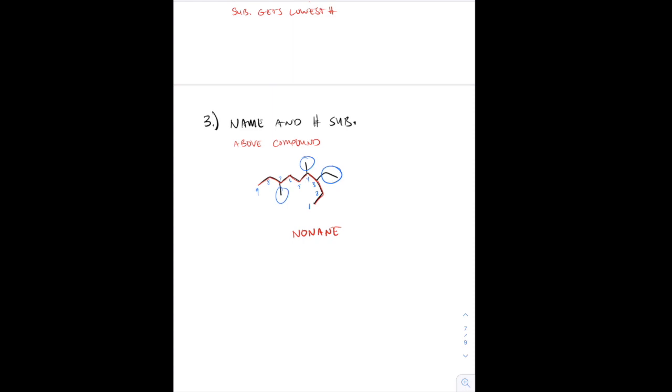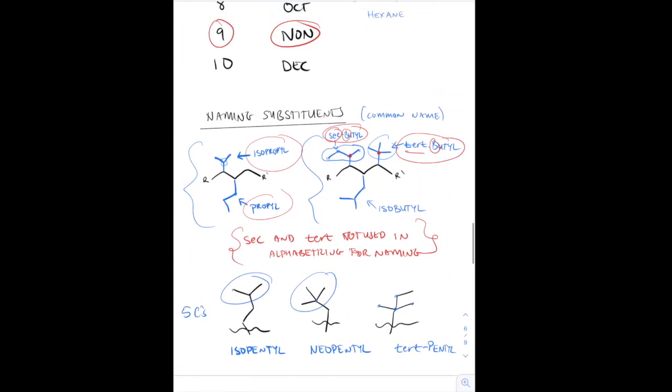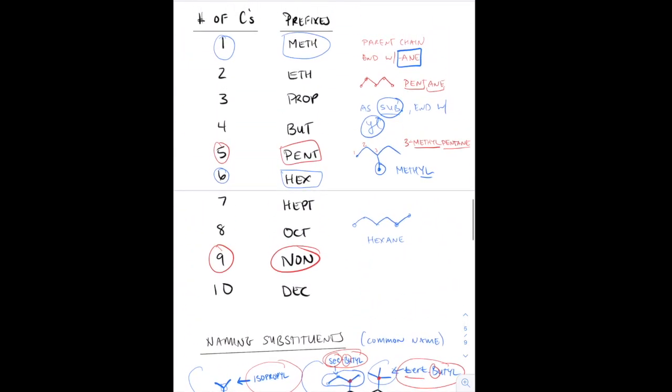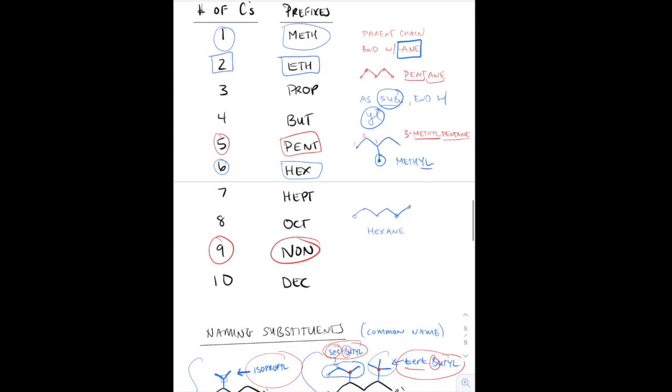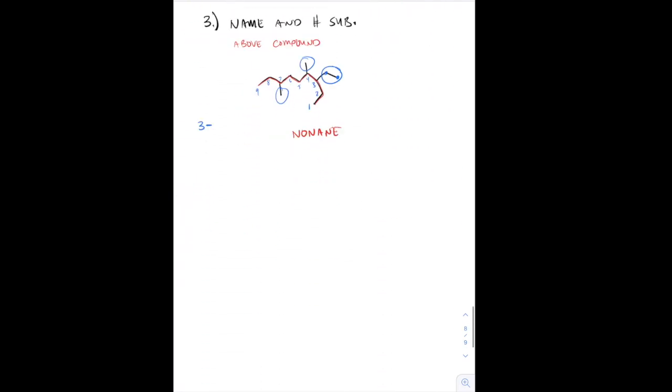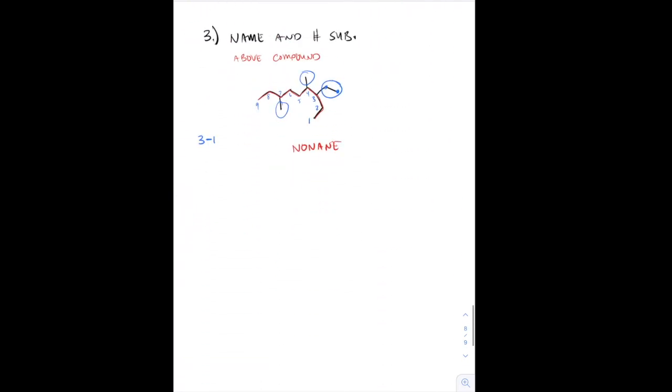And so what we're going to do is at carbon number 3, we have 3, and then we're going to put a dash, and then that has 2 carbons in it. Okay, and if you're not familiar with what 2 carbons is, it is eth. Since it is a substituent, we want to finish that off with a yl. Okay, so 3-ethyl.